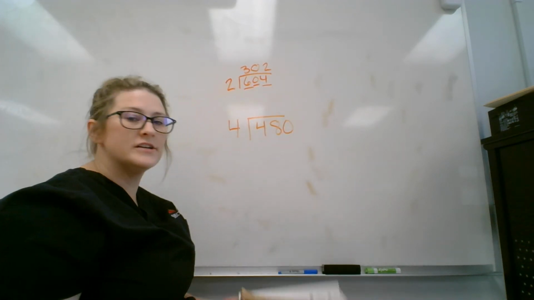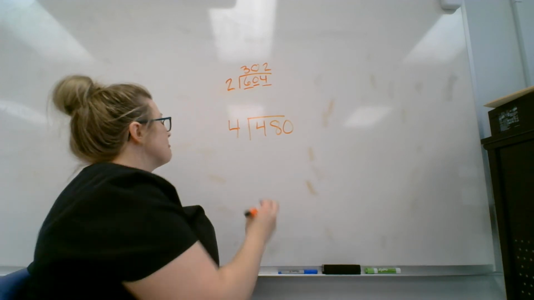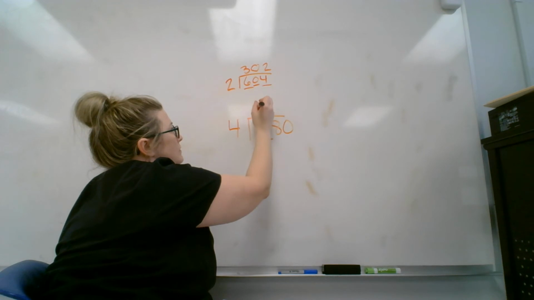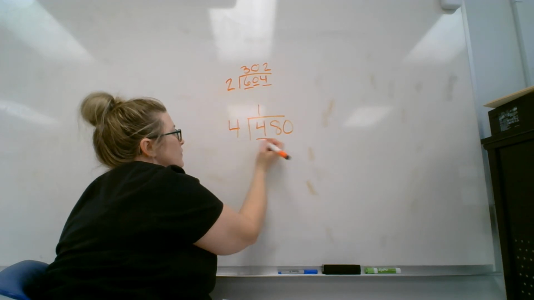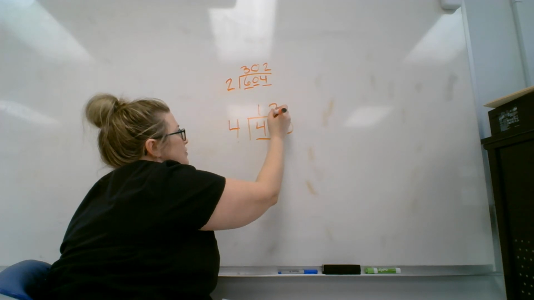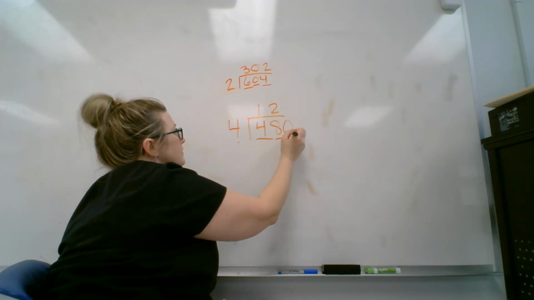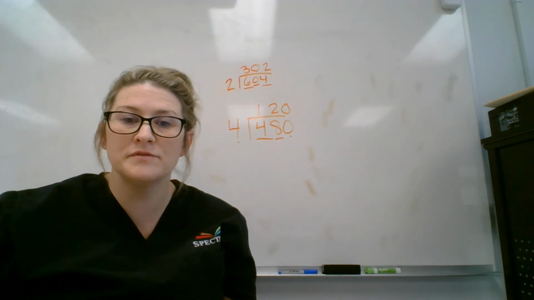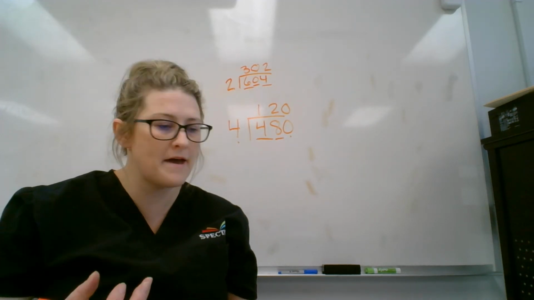All right, so here's my first problem. 4 divided by 4 equals 1. Then 8 divided by 4 equals 2. 0 divided by 4 equals 0. So do you see how I'm saying the division problems for each digit as I work them?